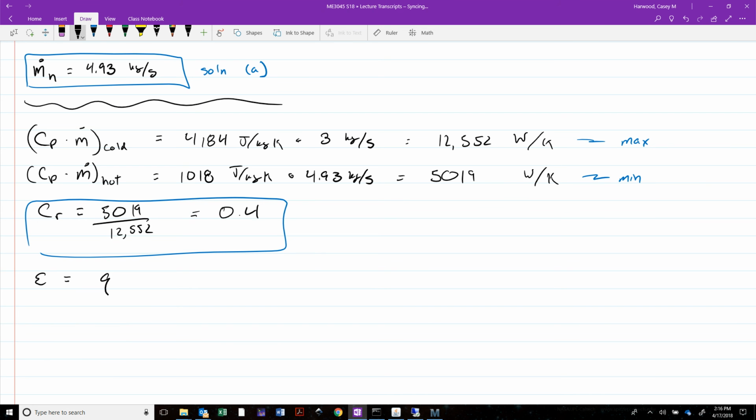So epsilon is going to be equal to Q over m dot Cp min times Thi minus Tci.